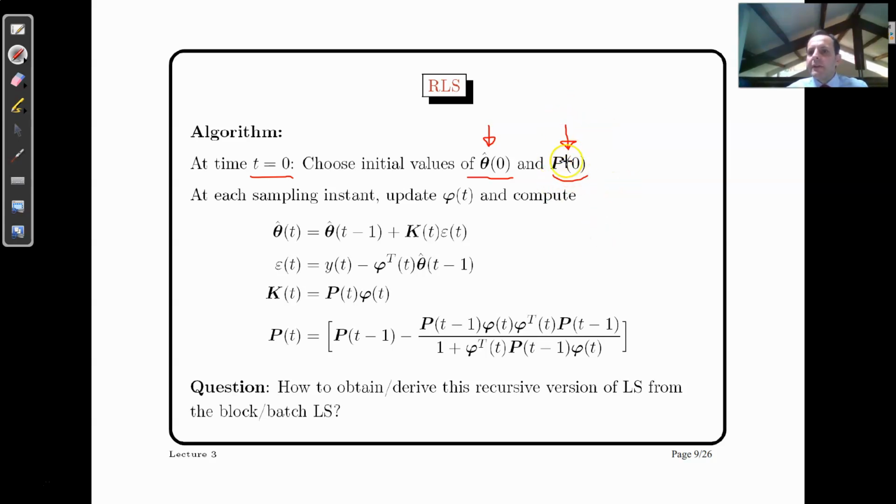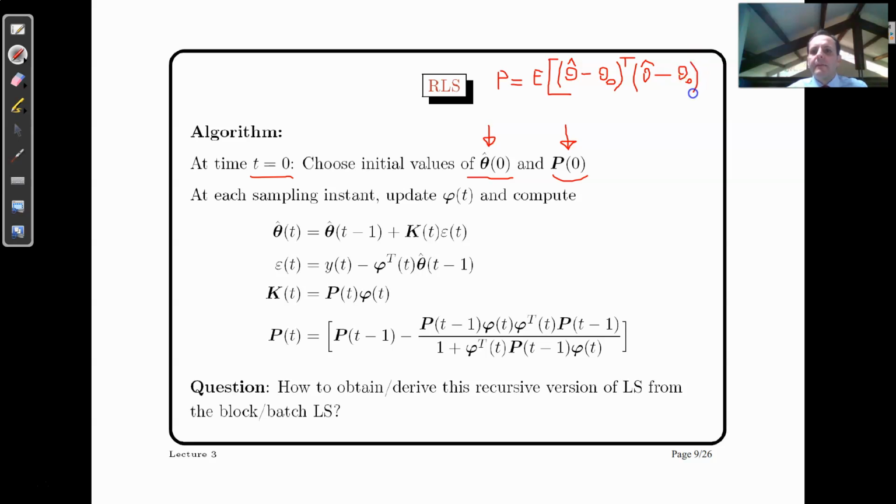Because it's a covariance matrix: P was the expected value of theta, the estimation, minus the real value, transposed, multiplied by the estimated minus the real value.